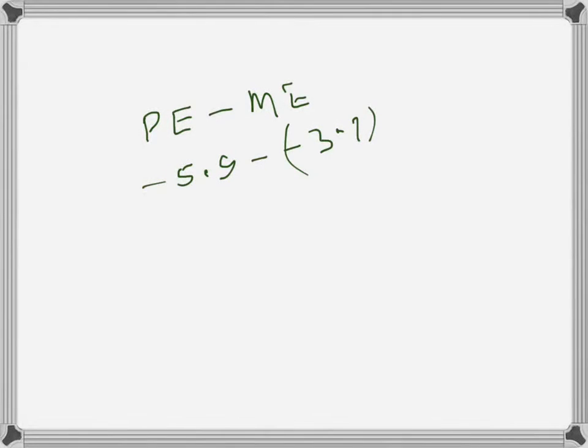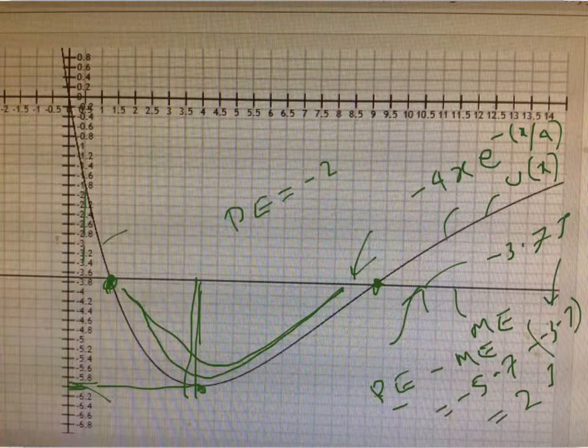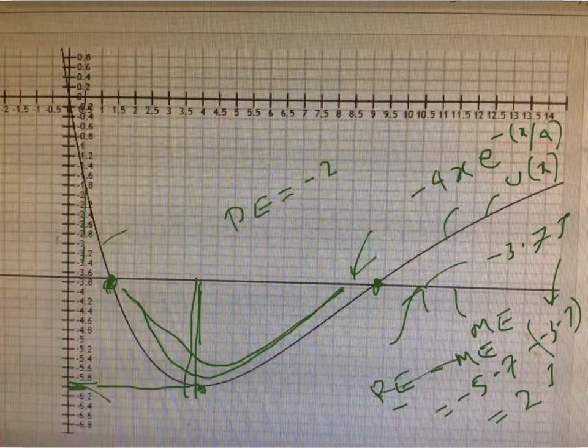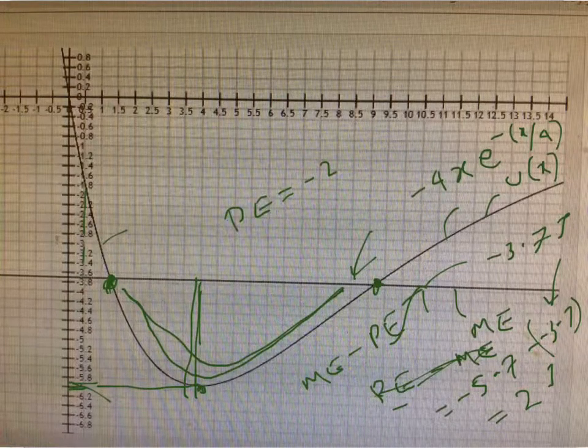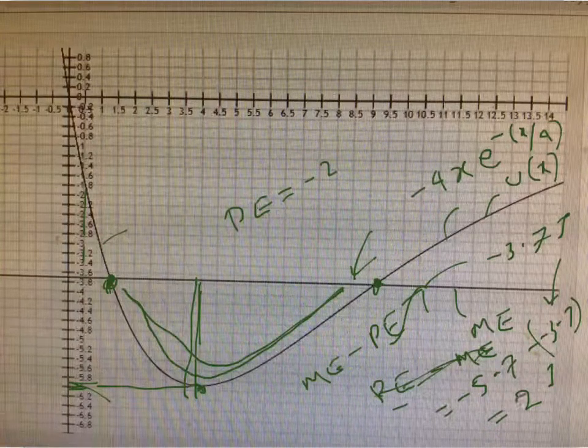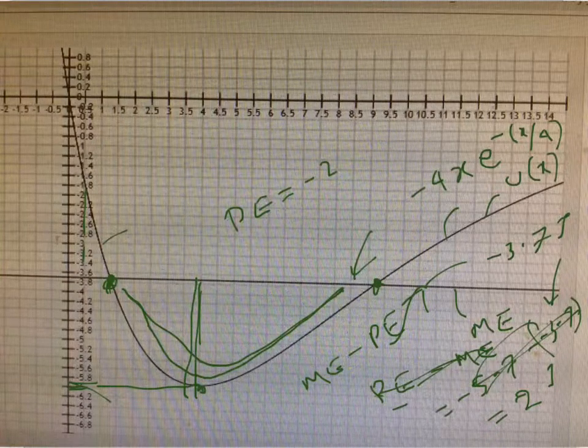So if the potential energy is minus 5.9, which is the minimum value, the maximum negative, then it would be minus 5.9 minus 3.7, which will give me, what I did wrong there is that actually mechanical energy minus potential energy is the kinetic energy, sorry. So yeah, that's what it is. Here this would have given a negative, so sorry, there was a mistake there.